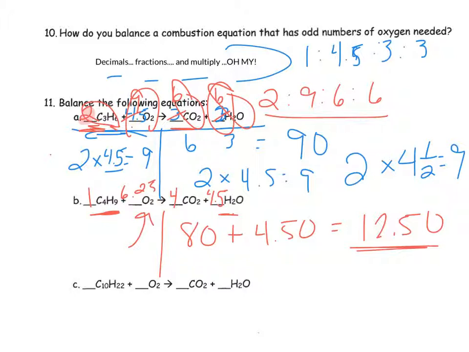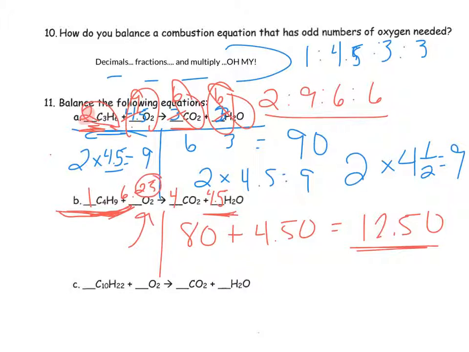This time, I just can't multiply everybody by 2. I've got to do something else because if I multiply this guy by 2, I'm still at 12.5. So I'm going to multiply everybody by 4 because that will at least take care of this quarter part here, and let me see how that works.